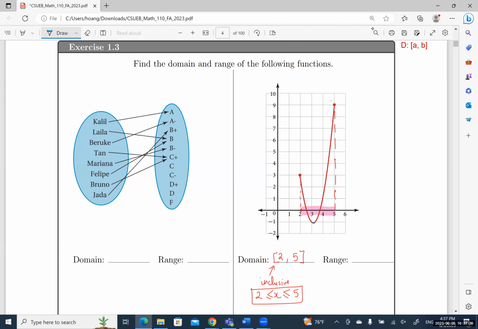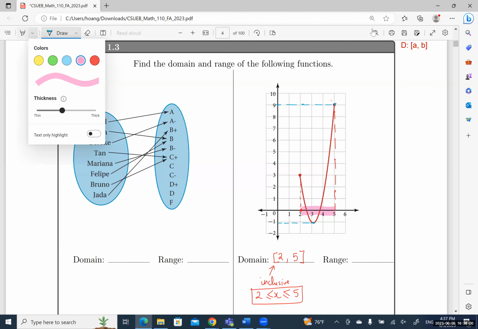The vertical lowest value will be this one, so I will go ahead and draw it. And the vertical highest is going to be this point over here.